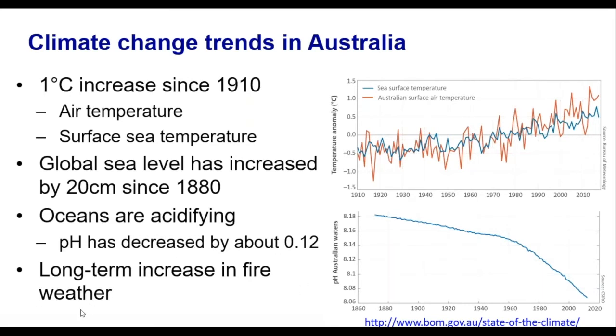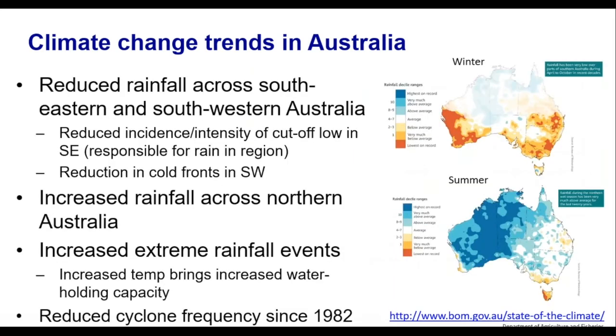There's been a long-term increase in fire weather, so periods of hot, dry days. There has been reduced rainfall, and this has been across the southeast and southwest of Australia. And what I did is look at this winter and this summer. So in the winter, it's been more dry across the bottom.